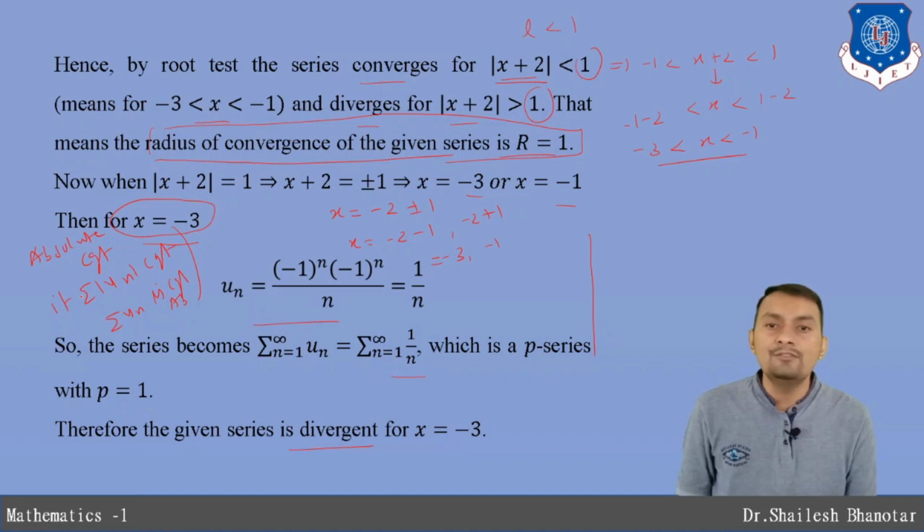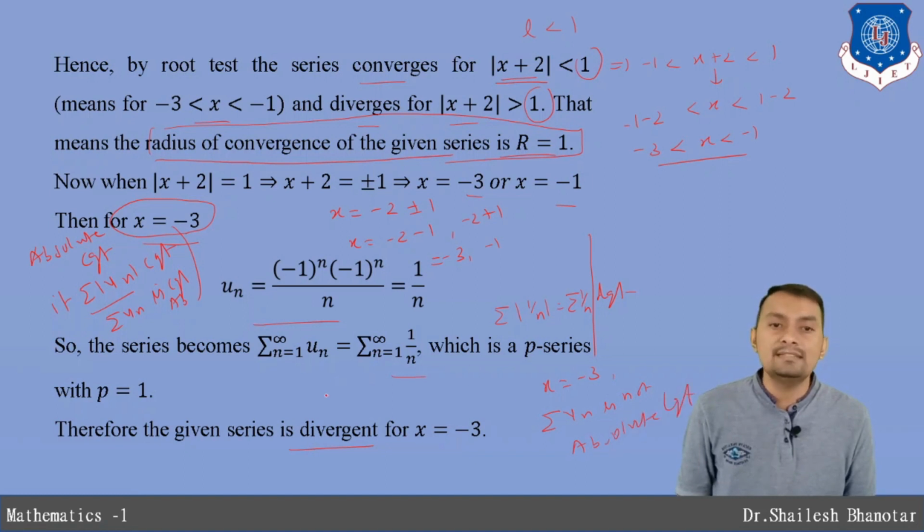So whenever I focus on this one, I get the absolute value of 1/n, that is the series 1/n, and that is divergent, and therefore we can say that for x = -3 the series is not absolutely convergent.